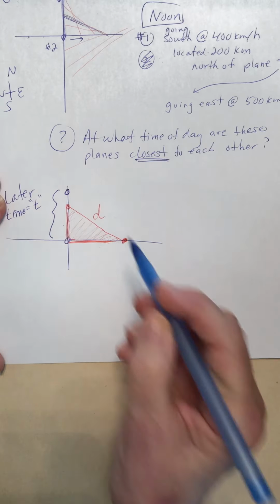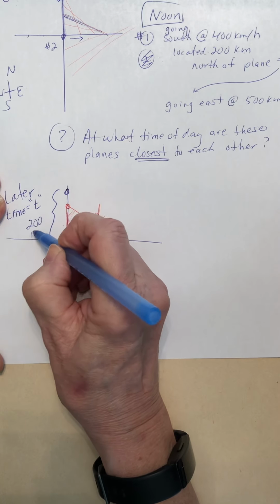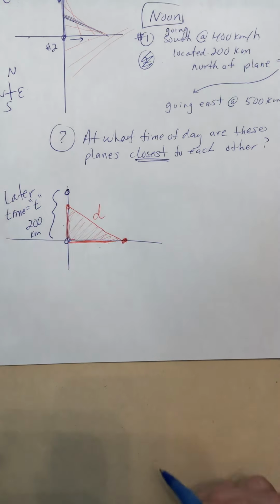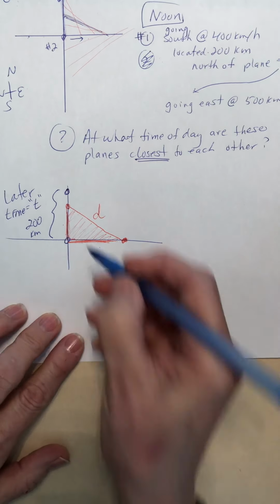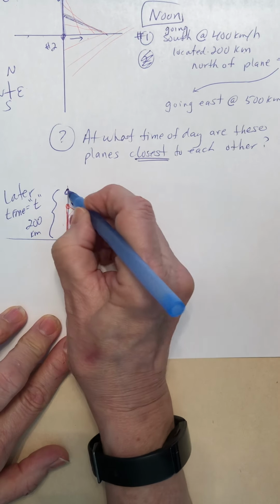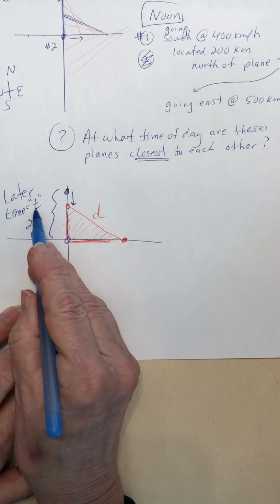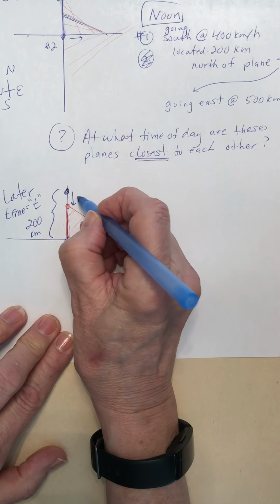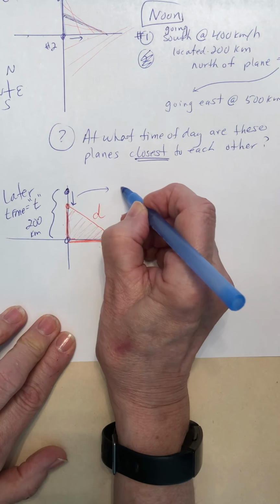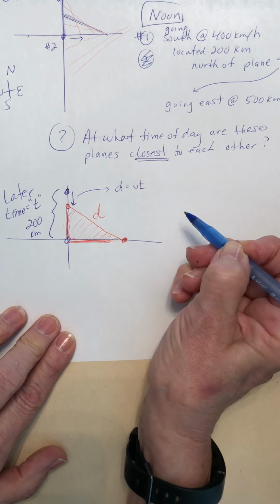Originally, this was 200 kilometers. That's how far apart they originally were. But this plane has been in motion. And how long has it been in motion? T hours. I can't say anything but t hours. So how far has this gone in this little distance? Distance is velocity times time.